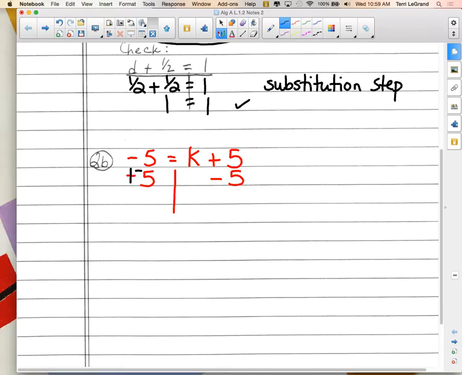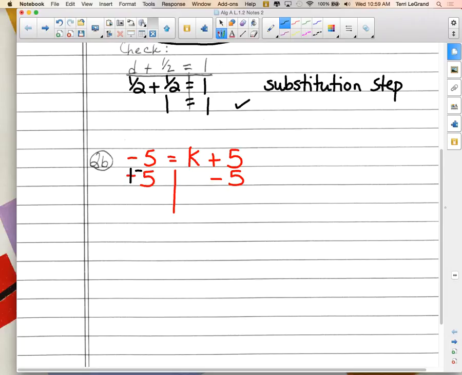This is going to become a negative 5. So negative 5 is the same distance from 0 on the number line. They are called opposites of each other. So when we change subtraction to add the opposite, 5 was being subtracted, we're changing it to add, so the opposite of 5 is negative 5.